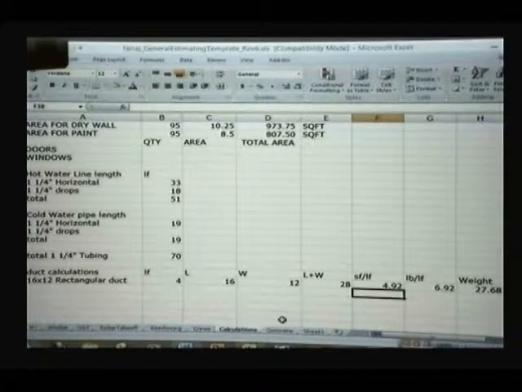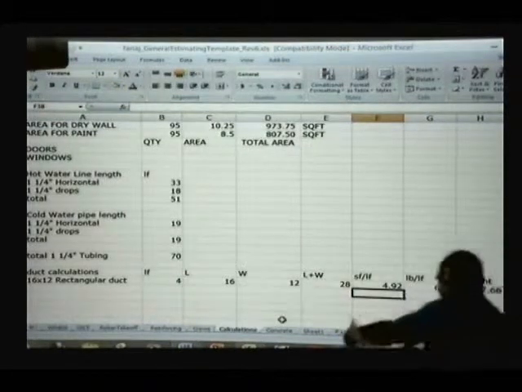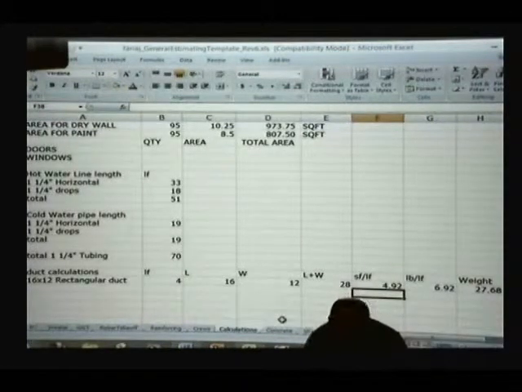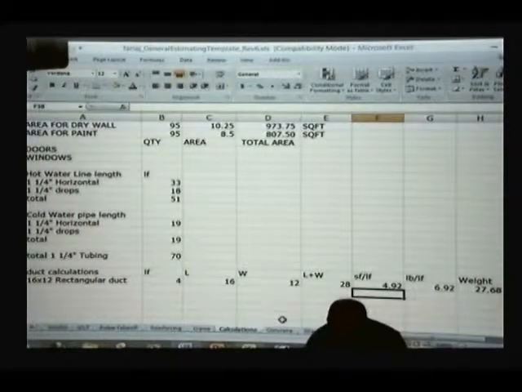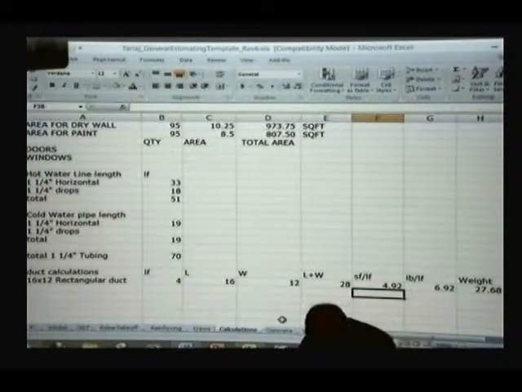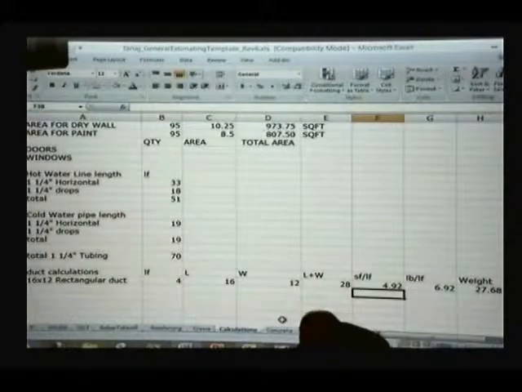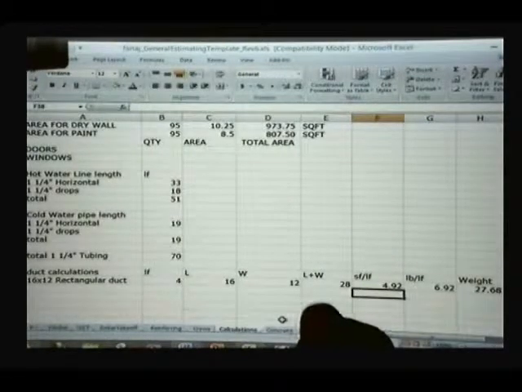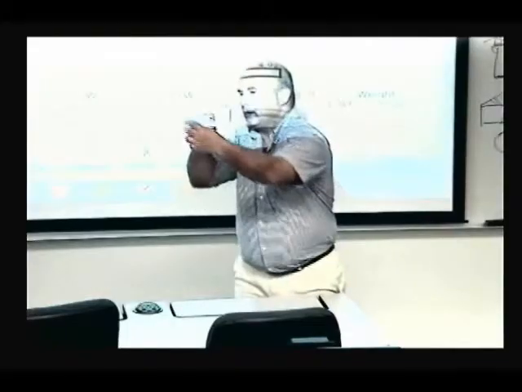The factor is because you have a sheet of metal, right? And then to create the duct, what they do on site is they start bending this thing, right? So they create the metal duct like this.